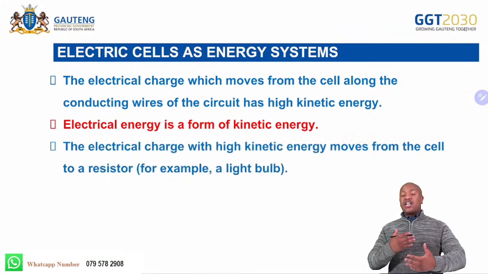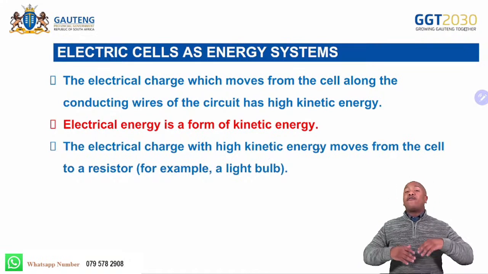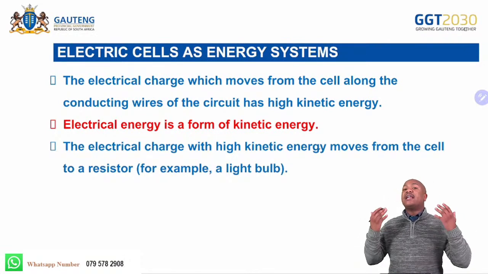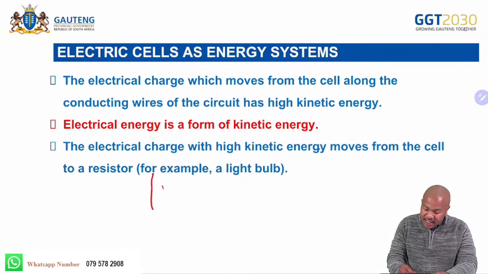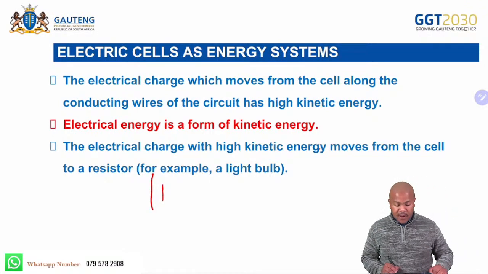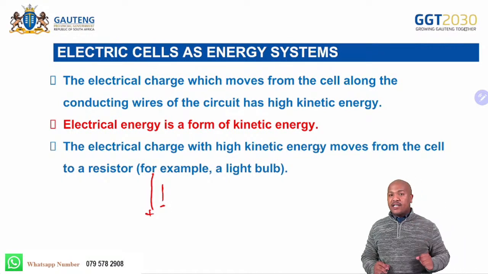The electrical charge with high kinetic energy moves from the cell to a resistor, for example, a light bulb. Again, now I'm drawing the cell in symbol form. Remember that this is our positive and this is our negative.